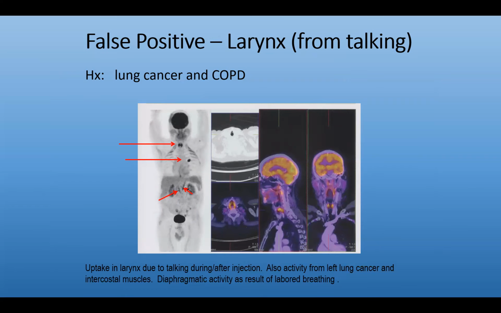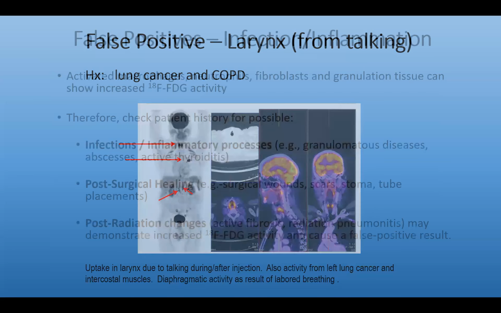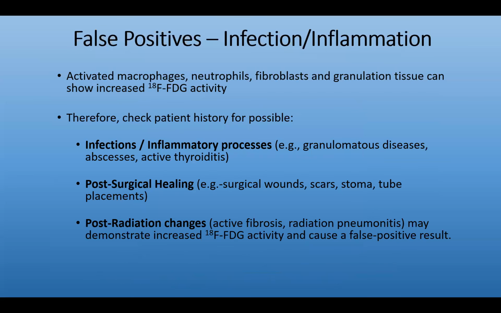We can also get false positives in cases of infection and inflammation. So the macrophages, the neutrophils, the fibroblasts, the granulation tissue, they all can show increased FDG uptake, right?